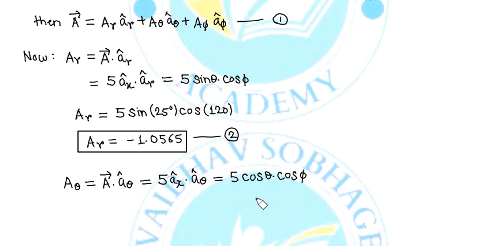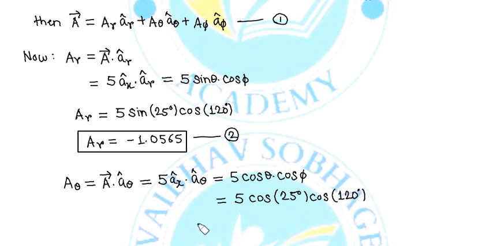Now you just have to put in the values of theta and phi, so that your given vector is located at the values of r, theta and phi that have been given. We have theta equal to 25 degrees, you can see over here. Now we have the value of phi, so cos of phi, put the value of phi equal to 120.